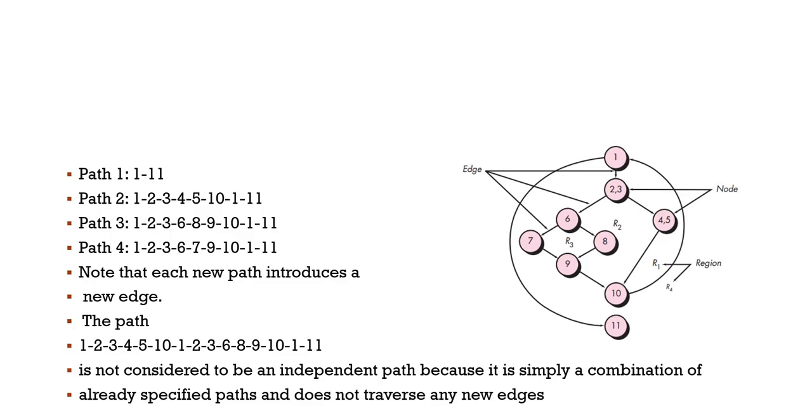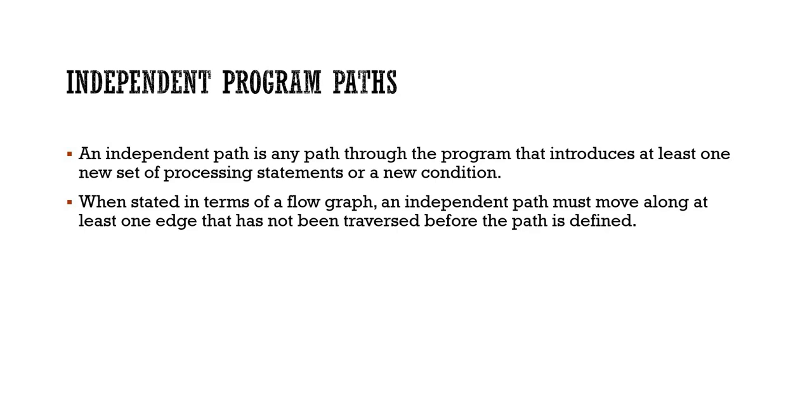Then here we are seeing the independent path. An independent path is any path in the program that introduces a new set of processing statements or a condition.